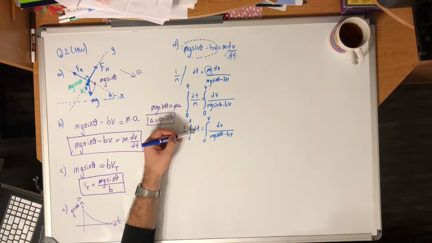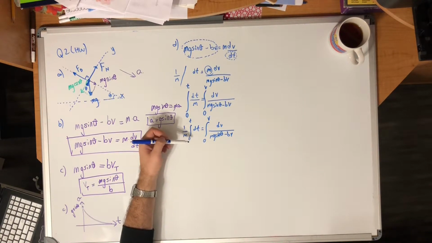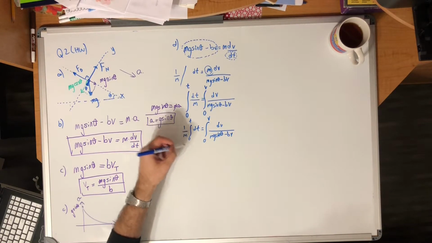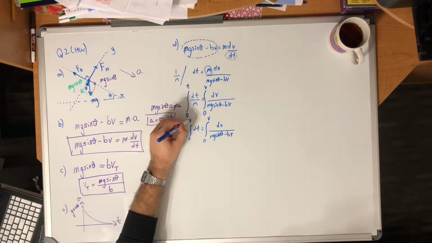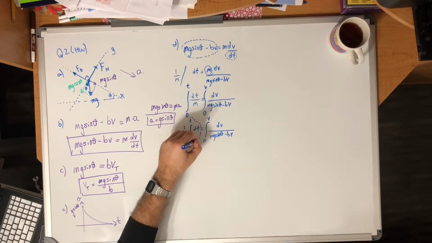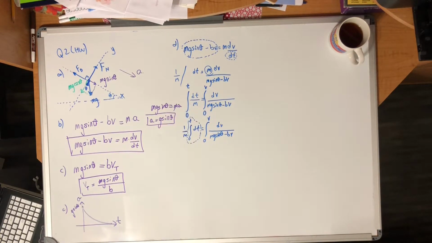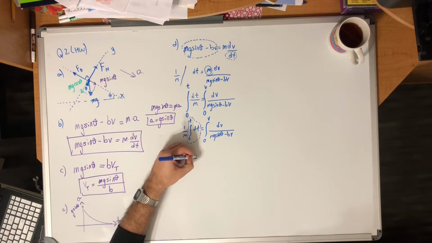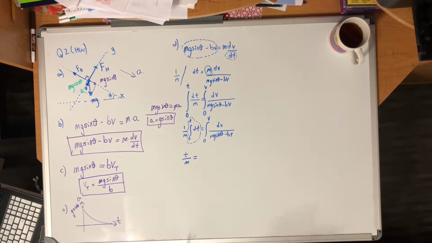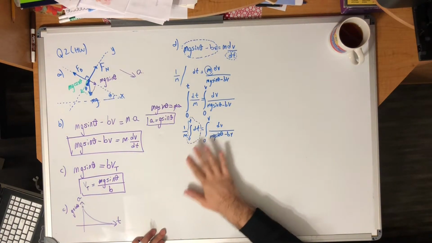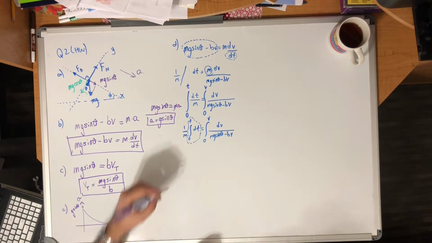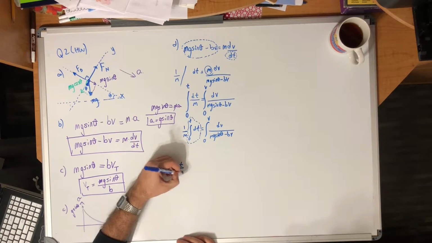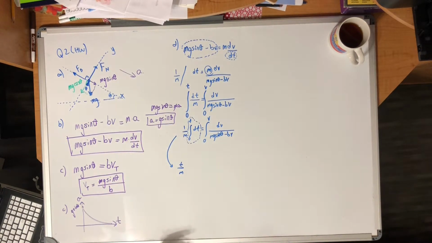The integral of this is just the function t, and then you go upper boundary minus lower boundary, so t minus 0 is just t. So on the left side, t times 1 over m will give me t over m. And on the right side, let me write this a little bit lower so I can actually solve this over here. So t over m, that's what we have from here.